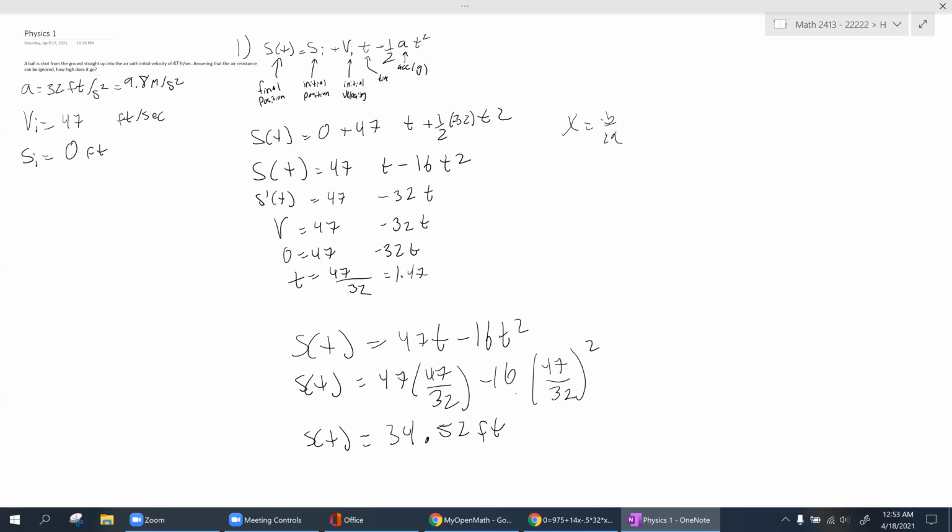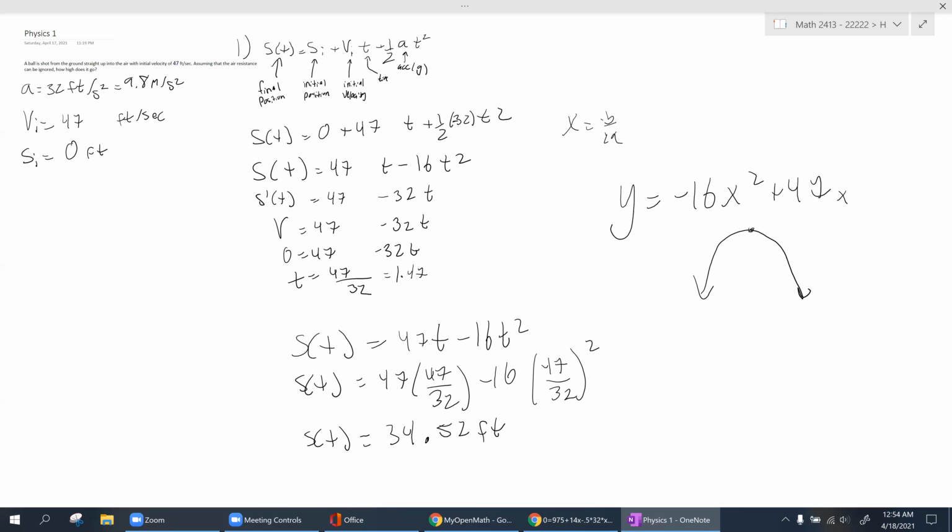Another way you can look at this: this function is a quadratic function. This is just y is equal to, putting it in order, negative 16x squared plus 47x. This is a parabolic function. It is negative, so I know it's opening downward.